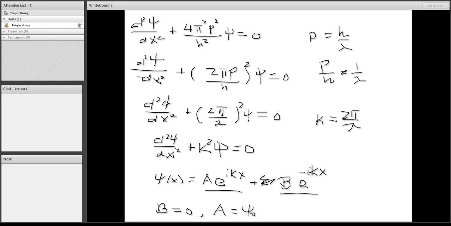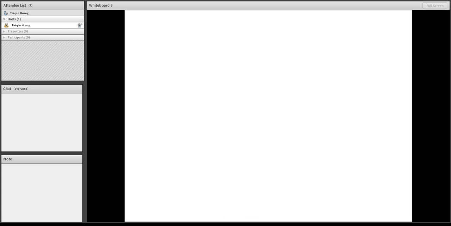So the solution now becomes, the time independent part is a constant times e to the ikx. Like I said, this is a solution to the Schrödinger equation.